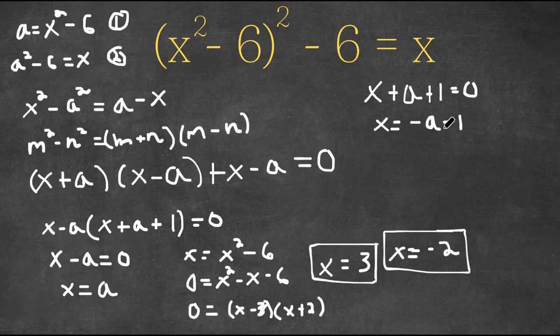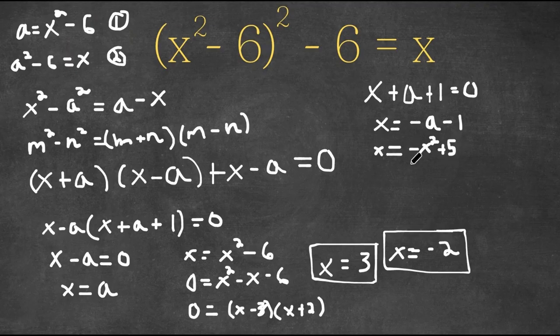And I'm actually going to plug in a. a is x squared minus 6, so this means x is equal to negative 1 times x squared minus 6 is negative x squared plus 6 minus 1, and 6 minus 1 is 5. So we have negative x squared plus 5.